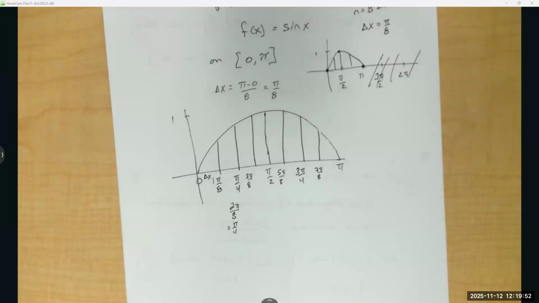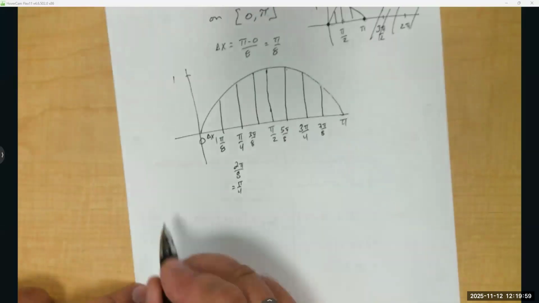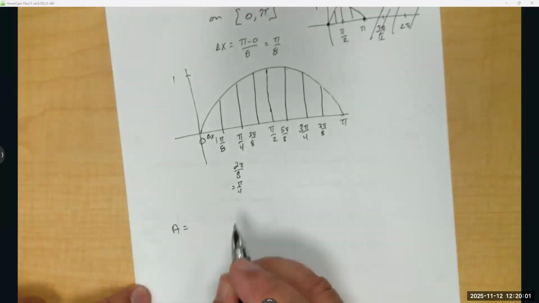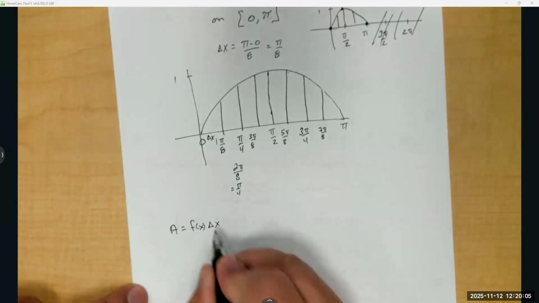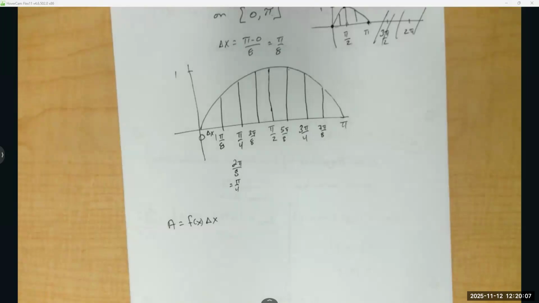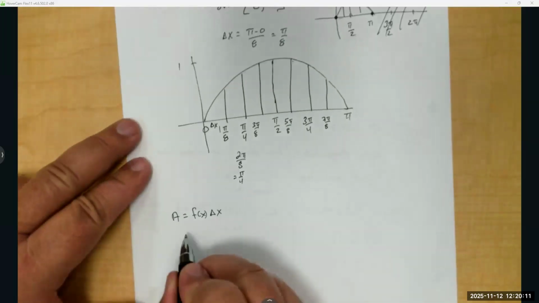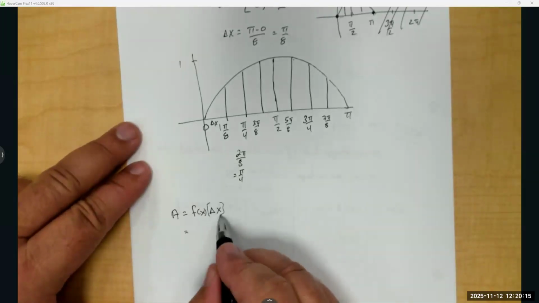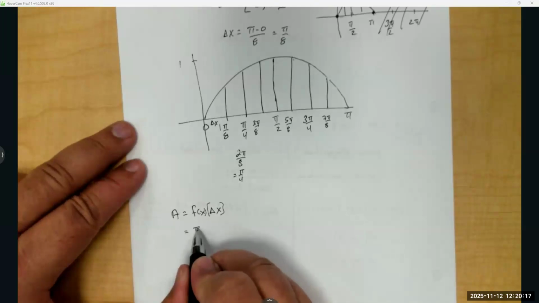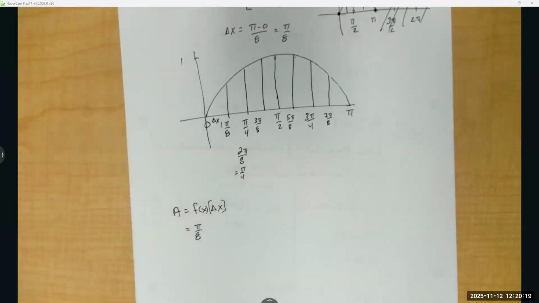What do you have to do now? We're looking for the area. So we have our function times delta x. Since delta x is the same for all of them, we can put that out in front. So it'll keep us from having to write it over and over and over and over.